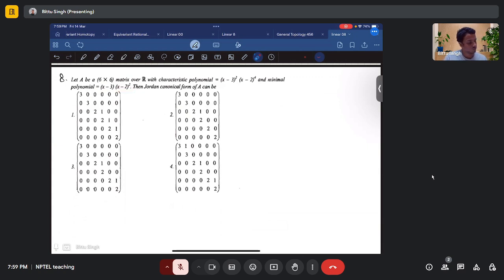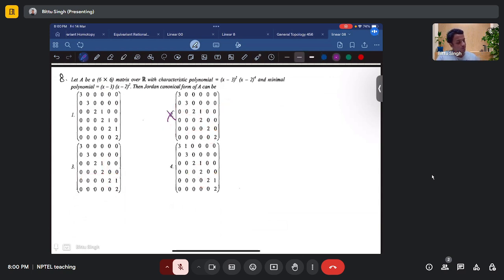So the number of Jordan blocks corresponding to 2 will be 2. This one may be possible, this Jordan block corresponding to 2. This is also possible, and there are 3 Jordan blocks. So this is not possible.